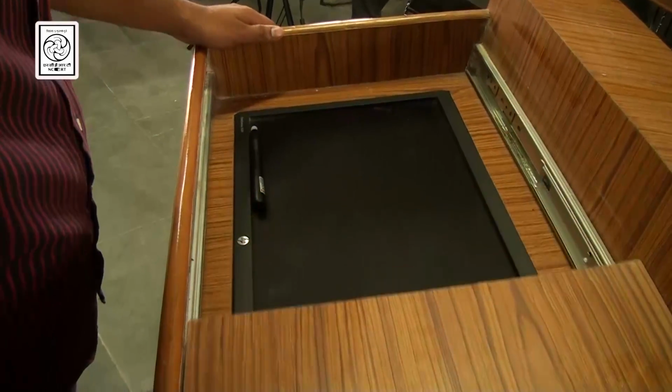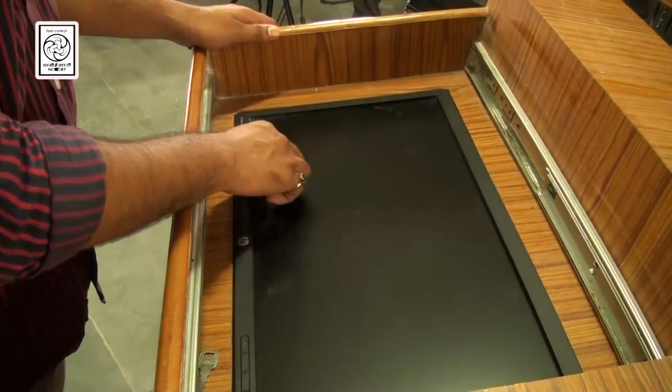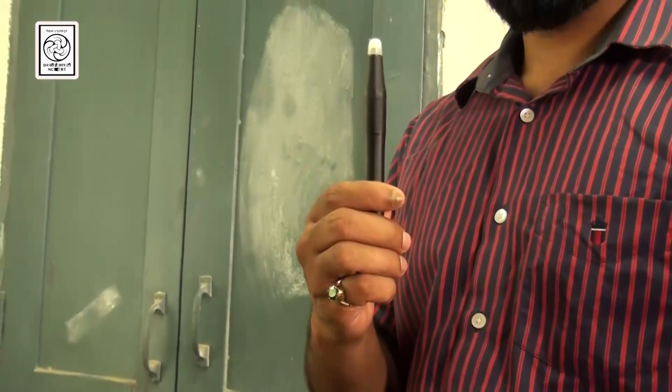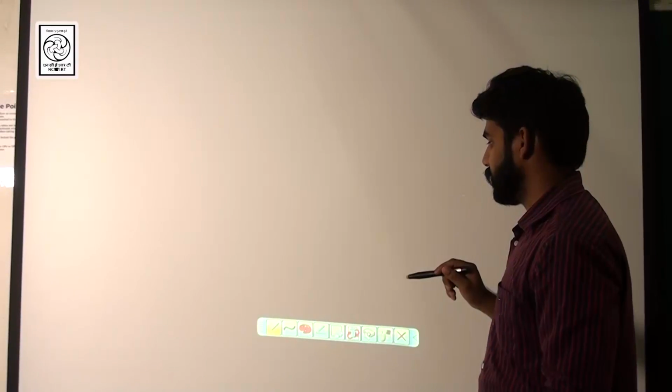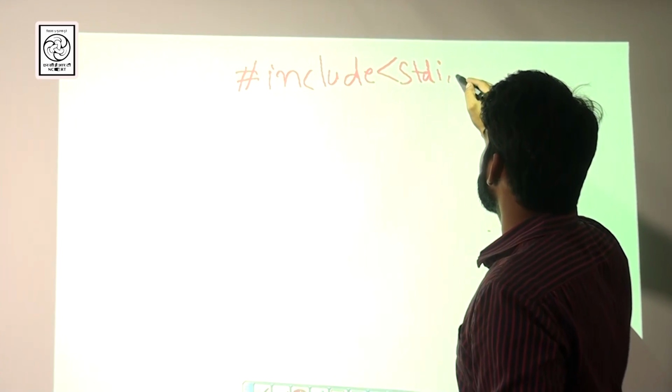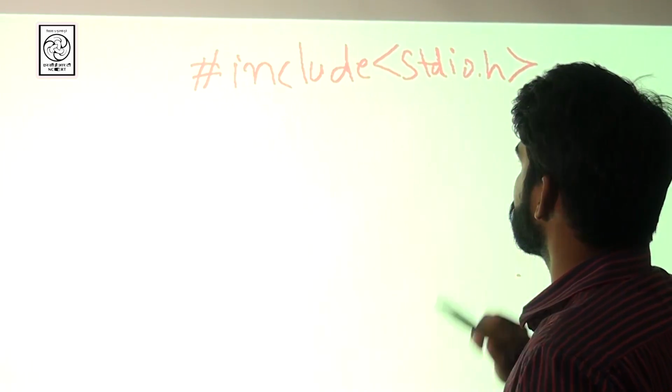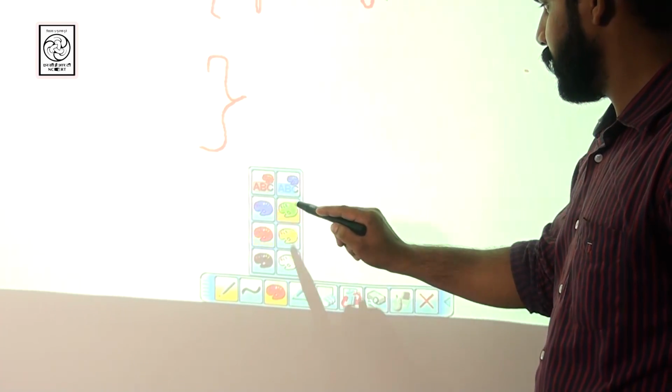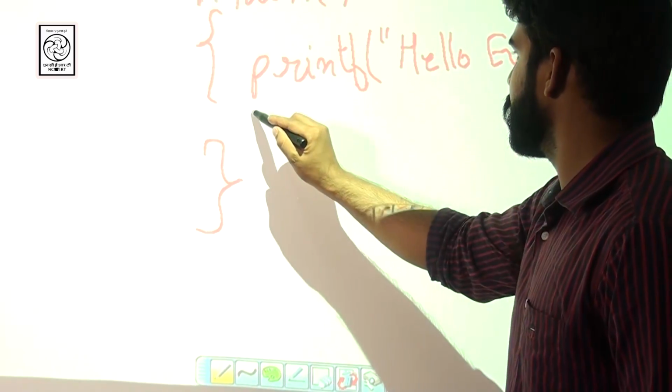You will find the pen tool kept here in the podium. To operate, one need to touch the pen tool perpendicularly on the screen. By touching it like this on the screen, you will see the toolbar. This is the way one can write on the screen. From here, you can opt between different colors available.